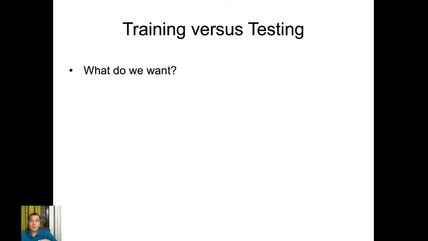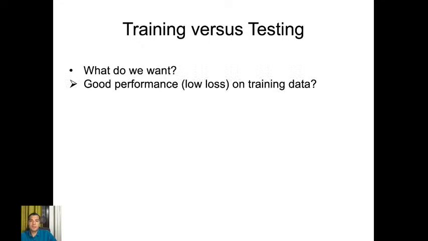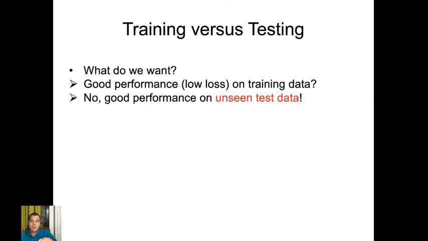Now going back to the discussion of training versus testing. In the end, what we want is to obtain good performance on training data. Actually, no, the right answer is to obtain good performance on unseen test data. This is what I said before.